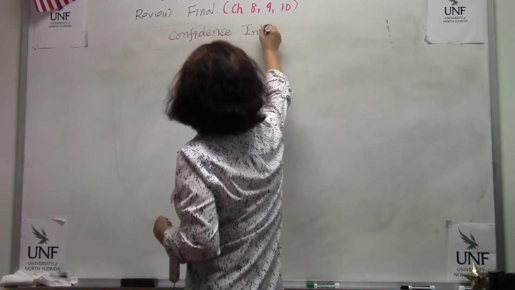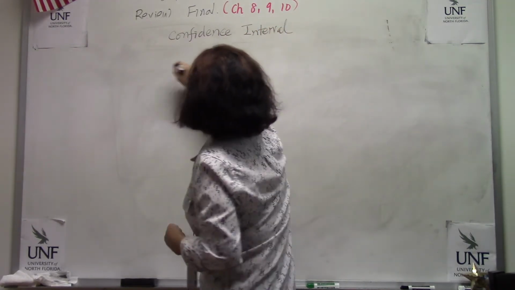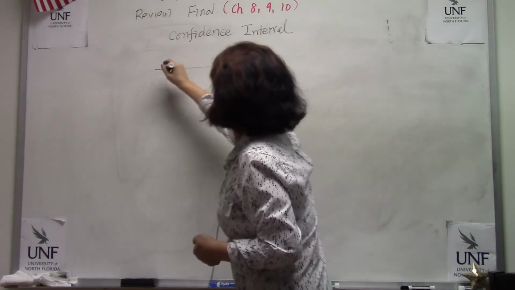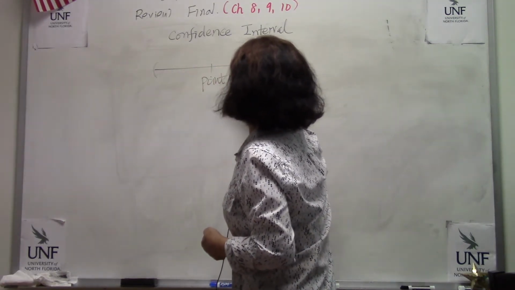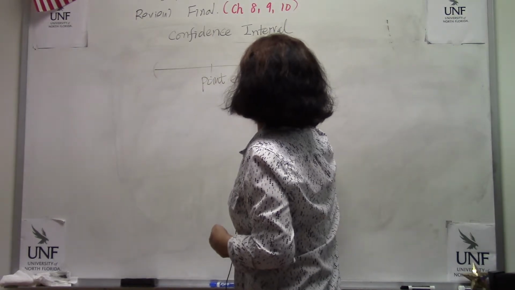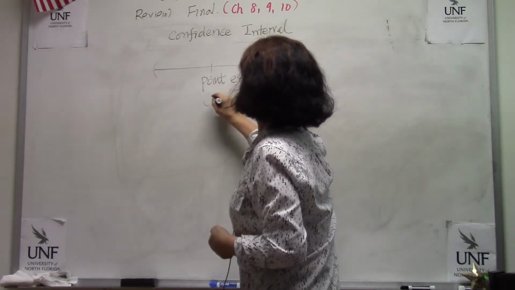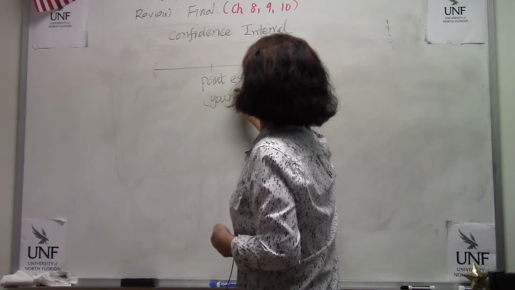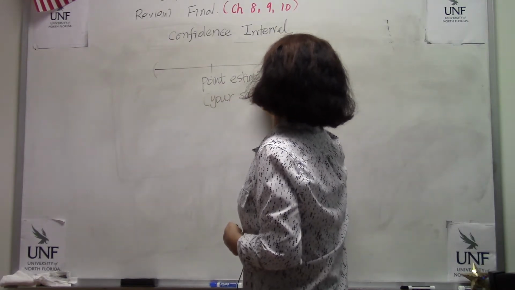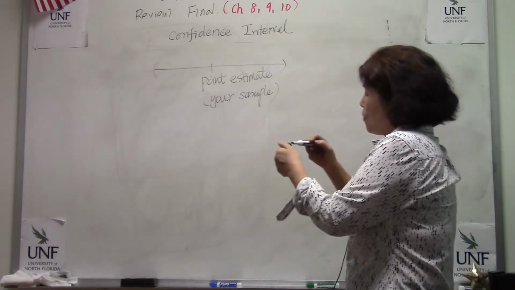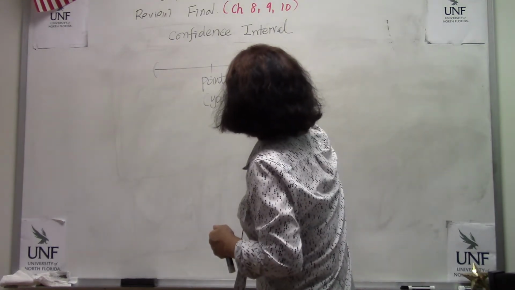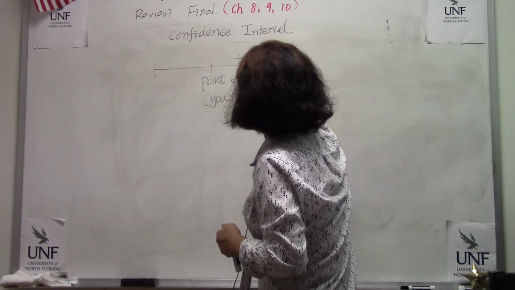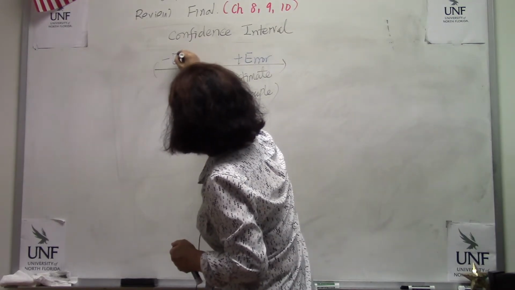You are going to have an interval. Right in the middle is a point estimate. That one comes from your evidence, or you say your sample. And from here, we are going to add margin of error or subtract margin of error.